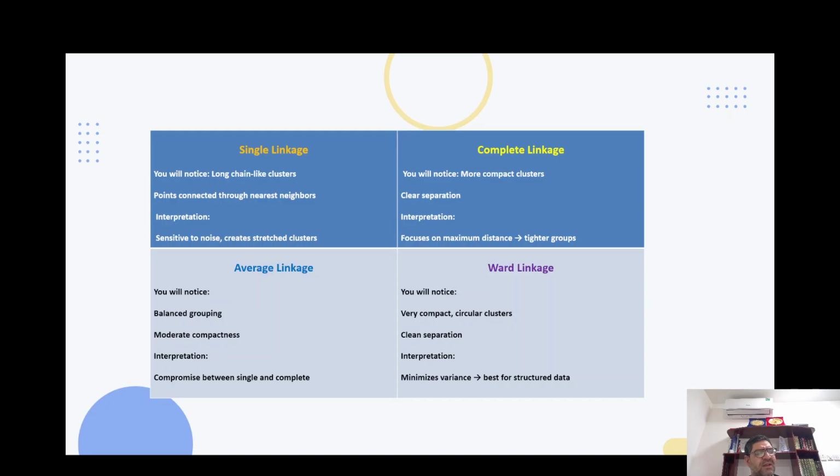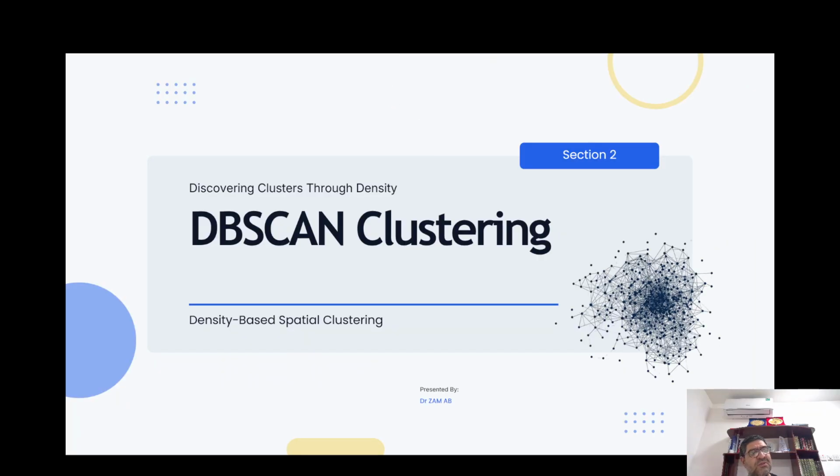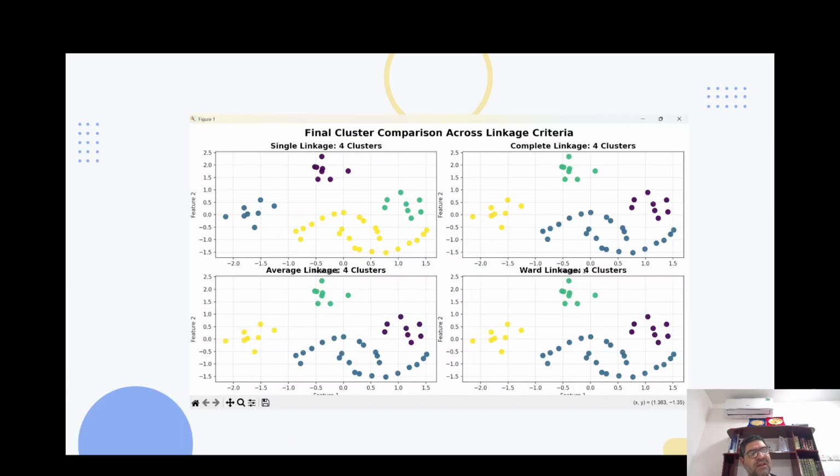And then there is Ward linkage. We had given a detailed discussion on Ward linkage and single linkage. It gives very compact circular clusters with clean separation. The interpretation is that it minimizes variance and is best for structured data. We know the logic of how Ward linkage takes place, so referring to that, this looks much more compact.